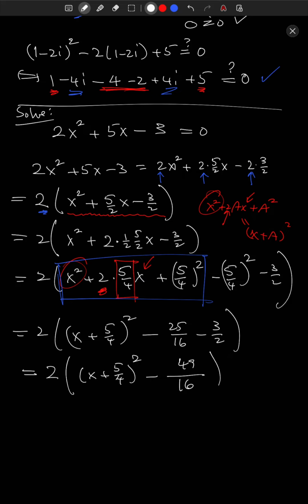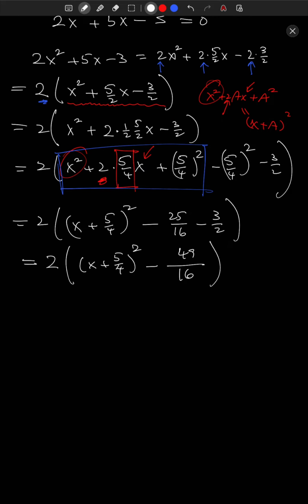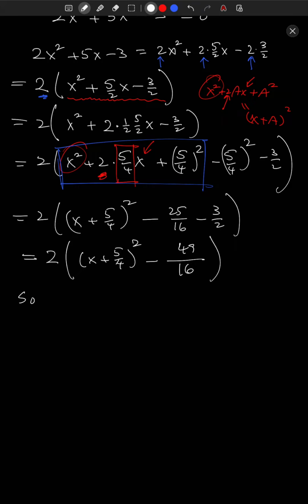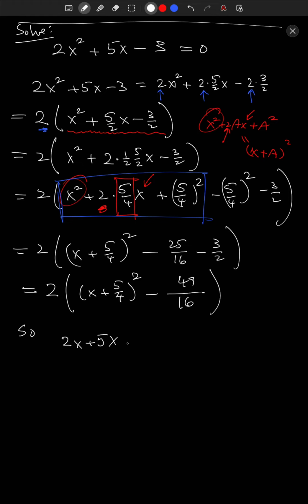So this is 49 here. All right, so our conclusion is 2x squared plus 5x minus 3 equals 0 is the same as 2 times x plus 5/4 squared minus 49 over 16 is equal to 0.